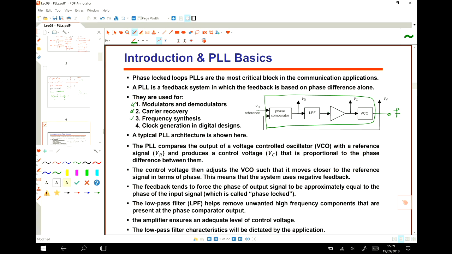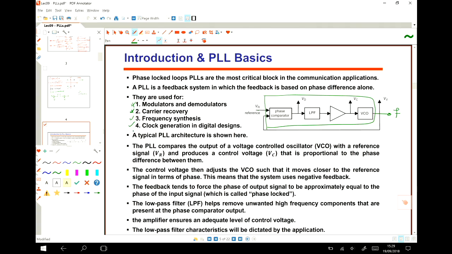I can program my synthesizer, we call it a synthesizer, to generate 2 of VREF, or 3 of VREF, or n of VREF. This could be integer or non-integer. Okay?